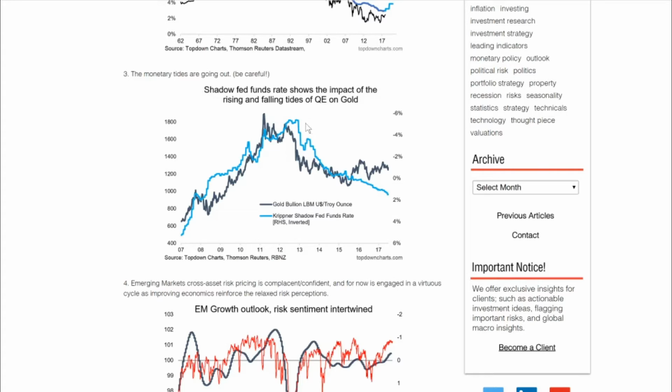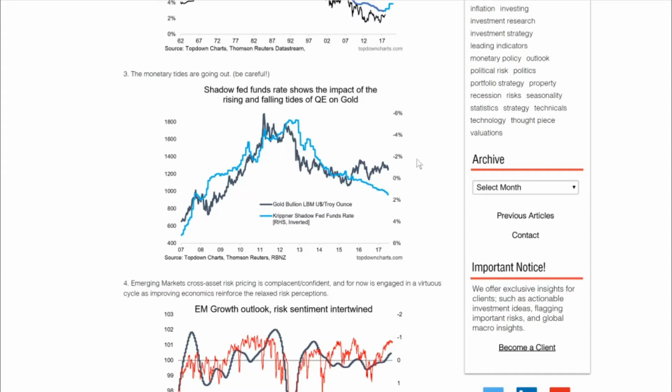When quantitative easing was at its most intense, back around 2011, 2012, you had a Fed funds rate, note that it's inverted here as well, pretty deep in the negatives, around -5%.